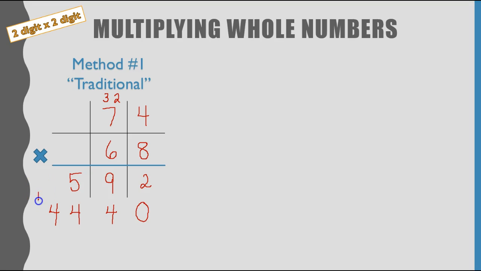Okay, and now I'm going to add these two rows of numbers together. 9 plus 4 is 13. Carry the 1. 1 plus 5 plus 4 is 10. And finally, my answer is 5,032.